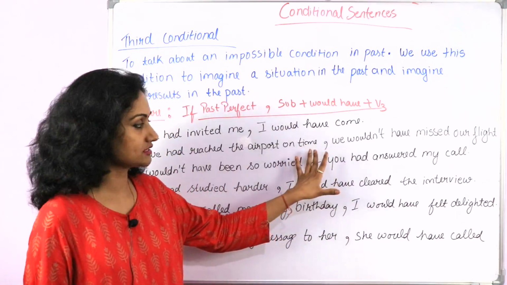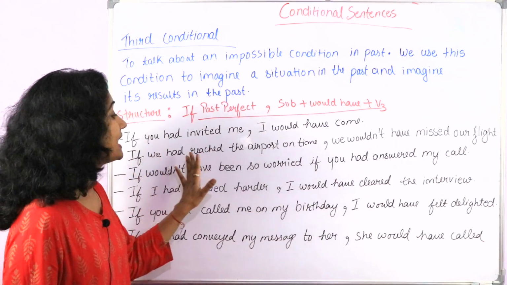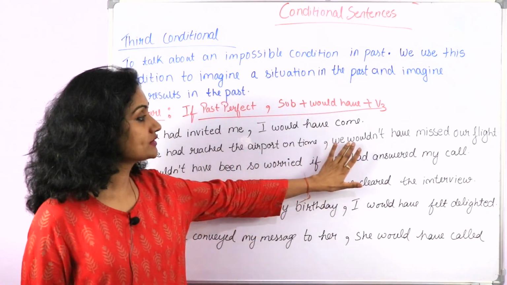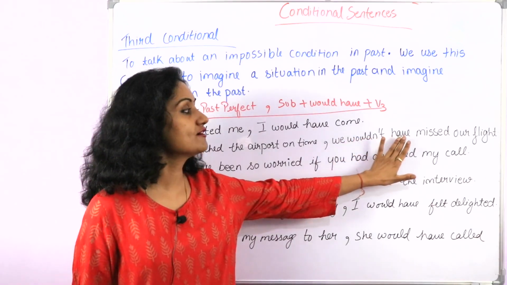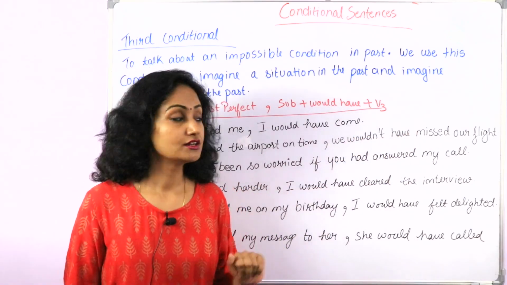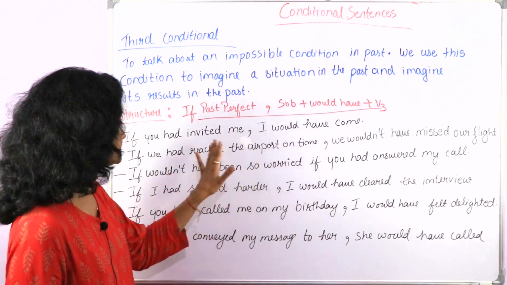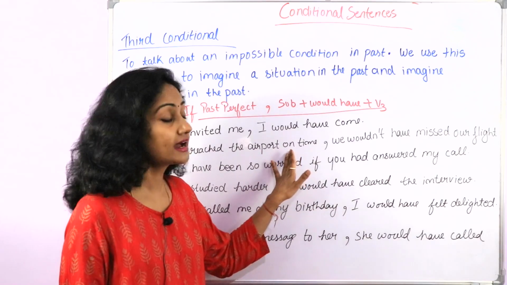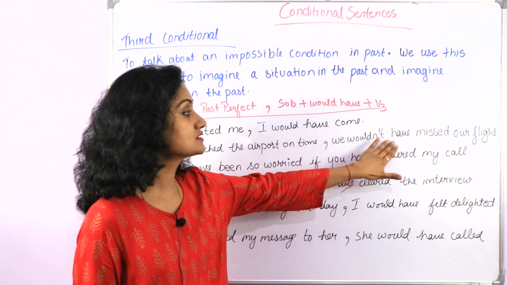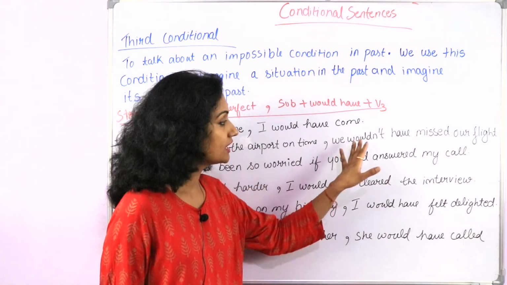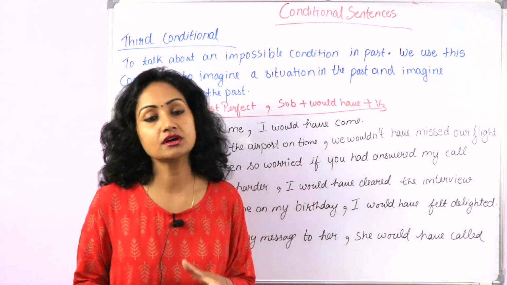Again, it is a regret. If we had reached the airport on time, then what would have happened? We wouldn't have missed our flight. So this is a situation. If this had happened in the past, if we had reached the airport on time, then the result would have been we wouldn't have missed our flight. It's a negative sentence. Wouldn't is would not.